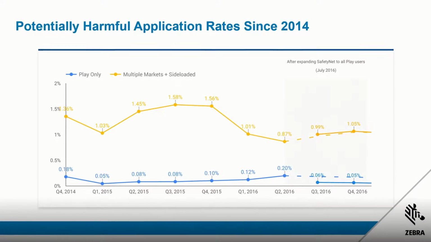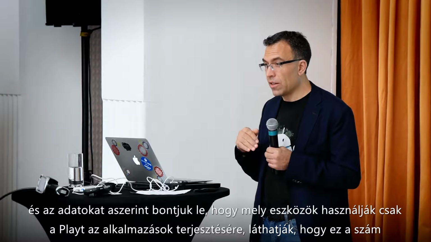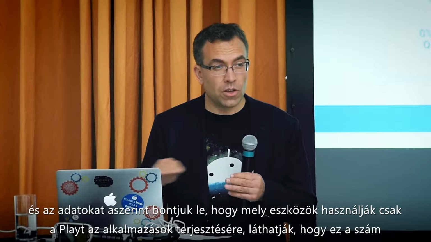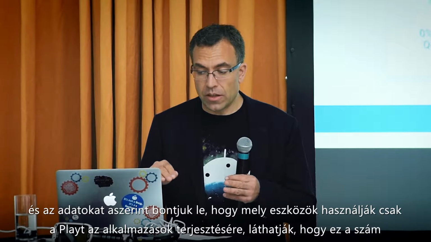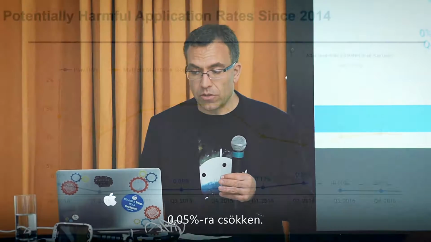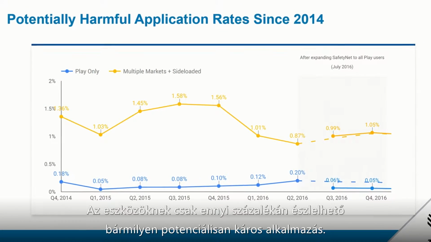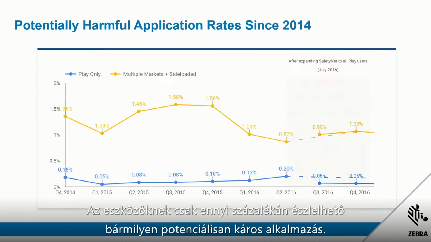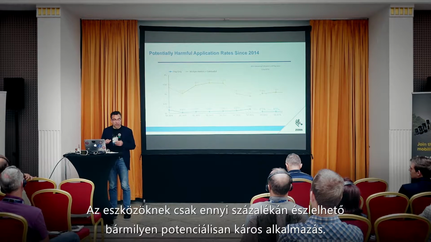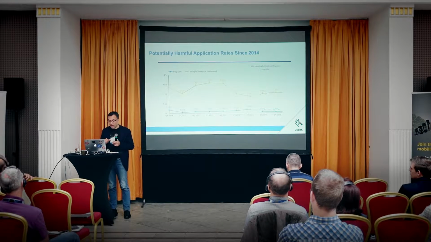Now, if you go further and you break that out by which devices are only using Play for application distribution, you'll notice that that number goes down to 0.05% of that device population having any kind of potentially harmful applications detected on it.